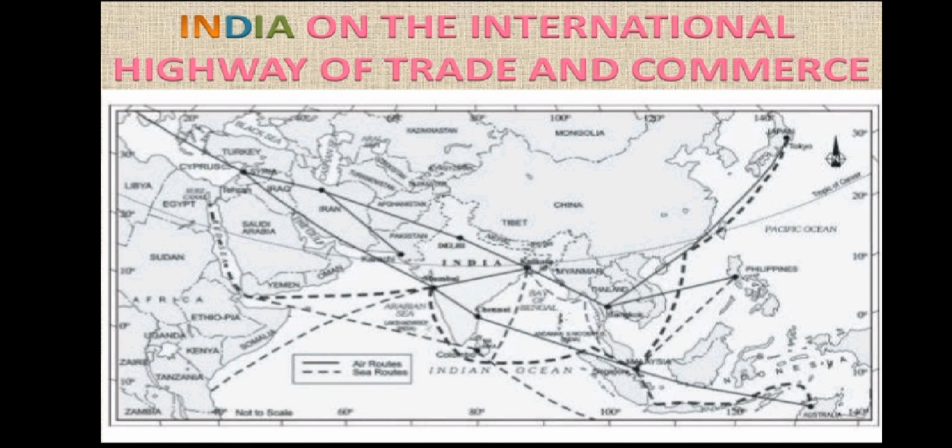One more information for you, the southernmost point of the Indian Union, Indira Point, was once considered till 2004. It was considered as the southernmost point of India. But in the year 2004, when tsunami came, it got submerged under the sea.